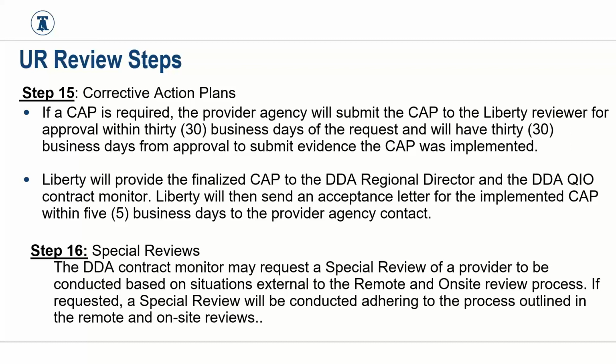Liberty will then provide the finalized corrective action plan to the DDA regional director associated with that provider and the contract monitor, and they'll send a letter that indicates that the corrective action plan has been implemented and accepted within 5 business days back to the provider agency. So once they've submitted that evidence, then we'll turn that back around and send them a letter indicating that the CAP is closed.